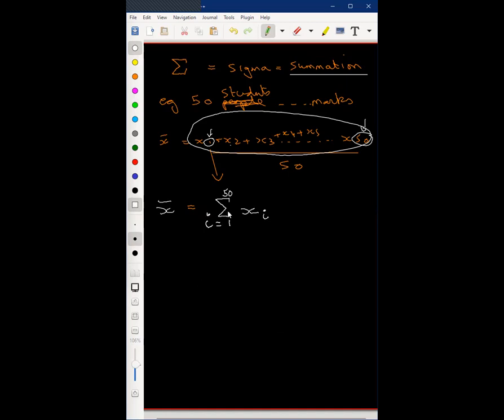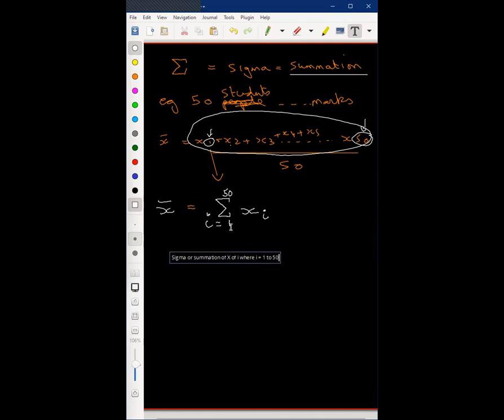So this is nothing but sigma x of I, where I is 1 to 50. We will speak it like this: sigma or summation of x of I, where I is equal to 1 to 50.